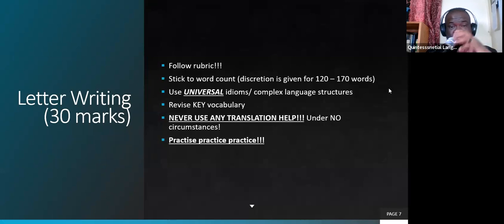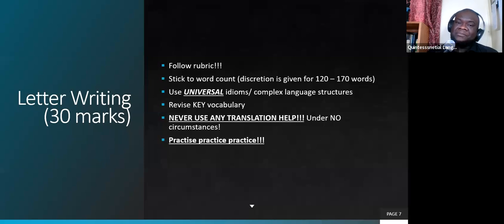So as always, follow the rubric with your letter to the T. Stick to your word count. You would see 130 to 150 words is what CXC says on the paper.